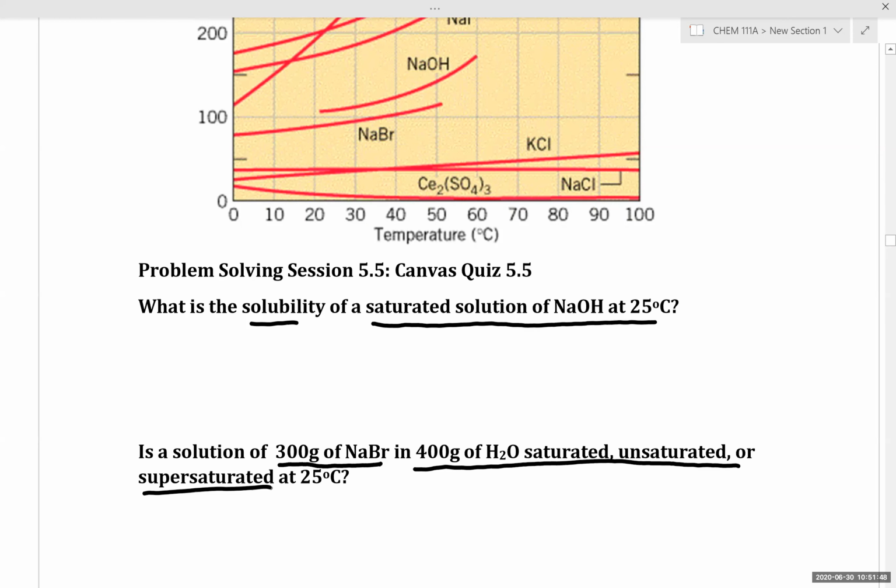So we'll give everyone about 4 to 5 minutes to work through this example, and then we'll come together as a group to discuss. And don't be shy to submit your responses in the chat or via Canvas Quiz 5.5.